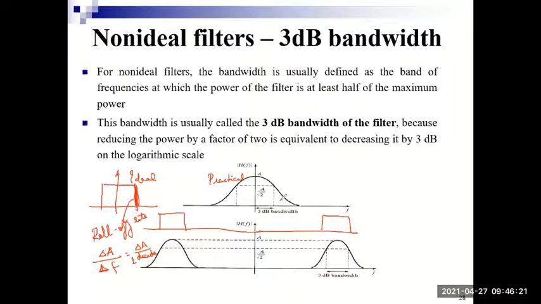the roll off rate. So this roll off rate, how much is it in an ideal filter? What is the roll off rate in an ideal filter? How much is delta A? Change in gain from maximum gain to minimum, there is some value. But what is the change in frequency here?